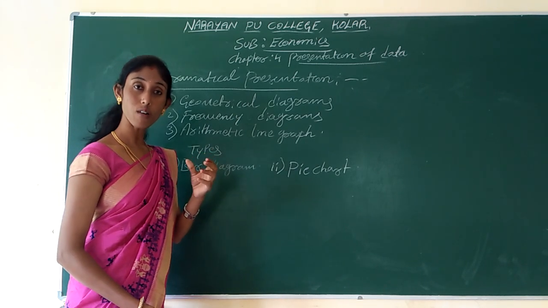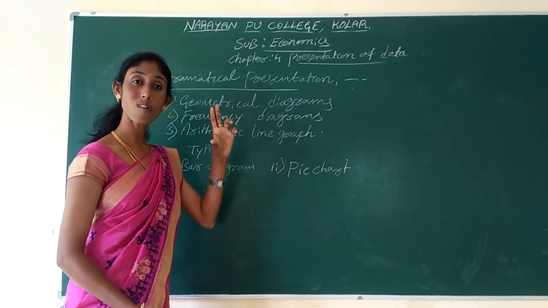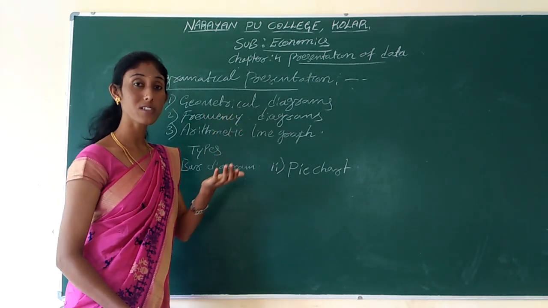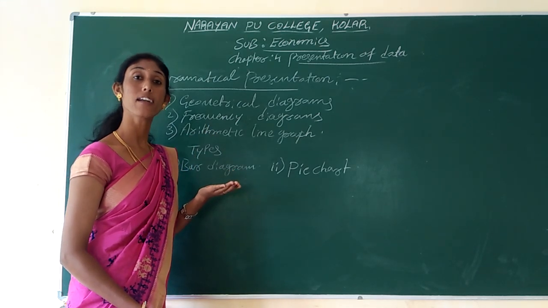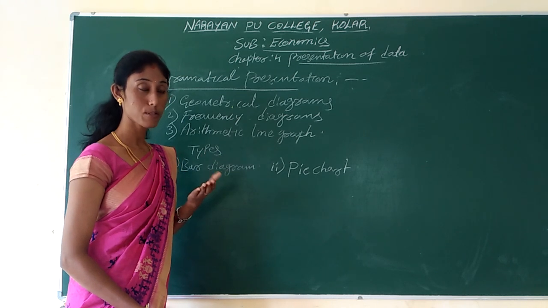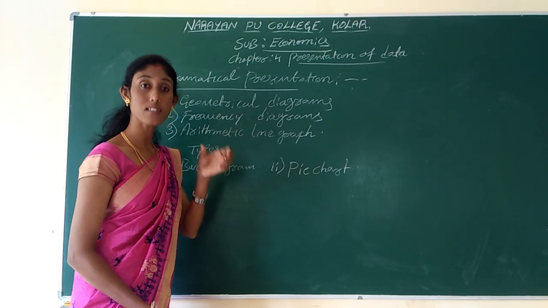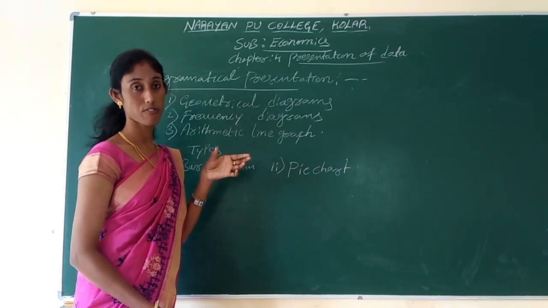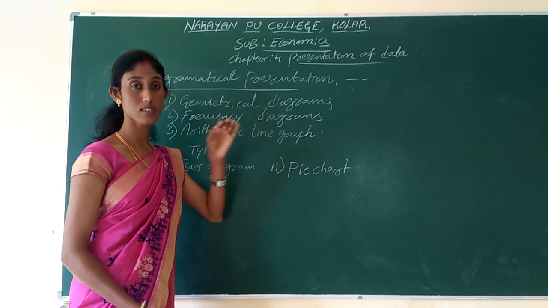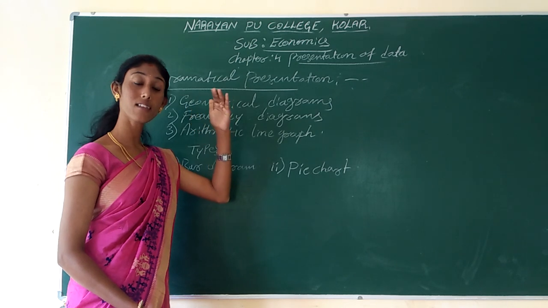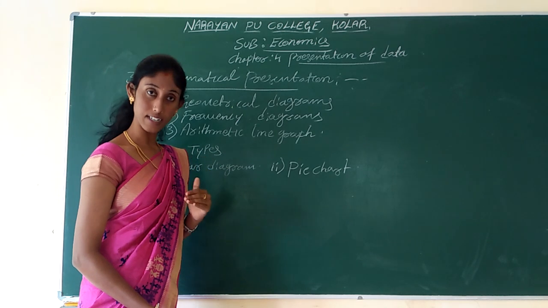The width of the bars will always be the same, but the length or height of the bars will depend on the value of the data. That is what bar diagrams are.